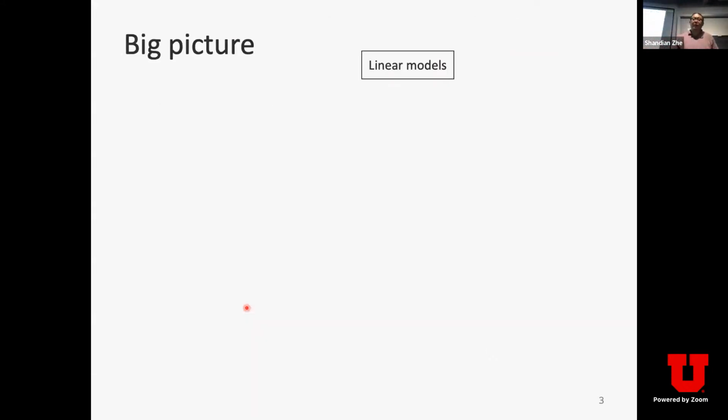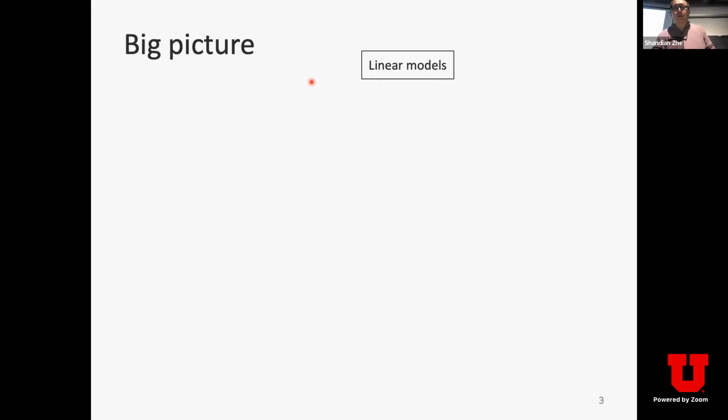Before we dive into the details, let us look at the big picture and see how many classifiers we have seen so far, and how we shall organize them. So far, we have talked about linear models in addition to decision trees.